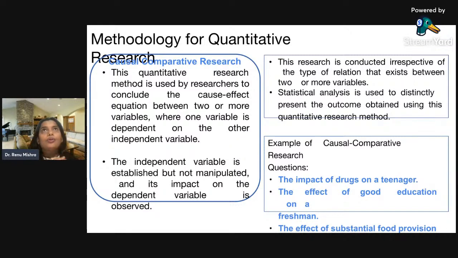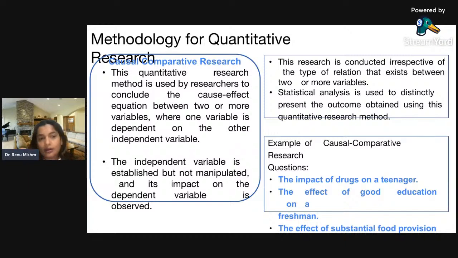Okay, so let's say, for example, we don't want to know whether there is a good association between good education and a child. We want to understand how good education affects a child.